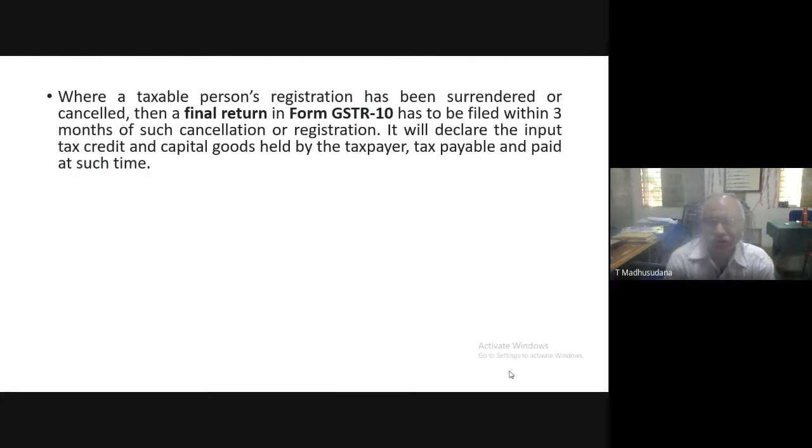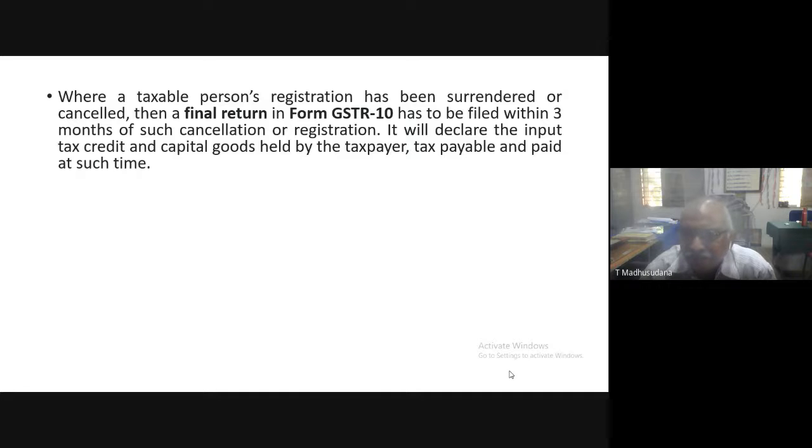So in case the taxable person surrendered the registration or applied for cancellation of registration, then a final return is to be submitted by that person in Form GSTR 10. The GSTR 10 form is to be submitted by the firms which have applied for cancellation of registration.